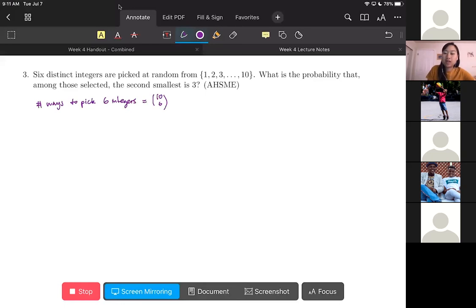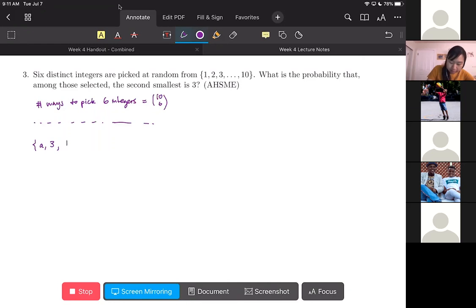So we want to see how many subsets of 1 through 10 have the property that the second smallest of them is 3. If we had a set like that, it would have to look like some number A that's less than 3. Let's say I'm ordering these from least to greatest. Then 3 has to be in the set.